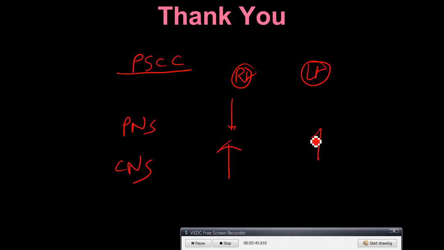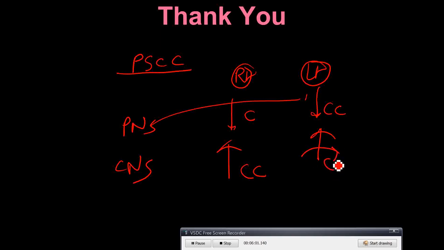So left also lifts it upwards in the CNS, and the PNS is pushing it downwards. The right side is always clockwise in the PNS, but in the CNS it is counterclockwise. The left side is counterclockwise in the CNS, and in the PNS it is clockwise. So it will have a movement like this.